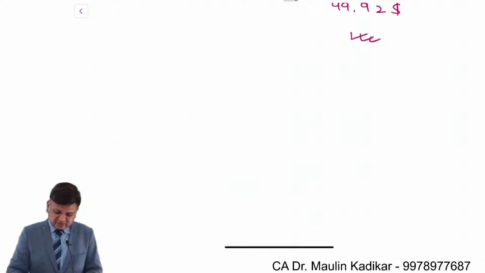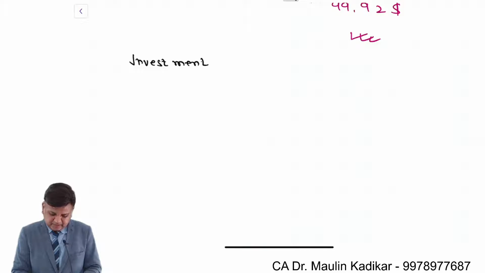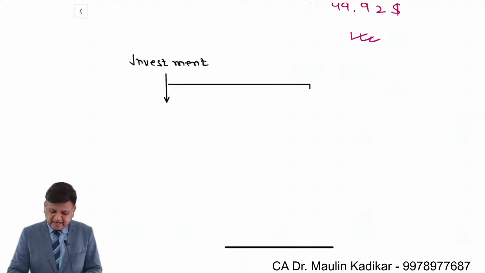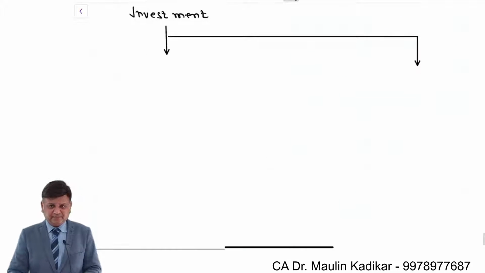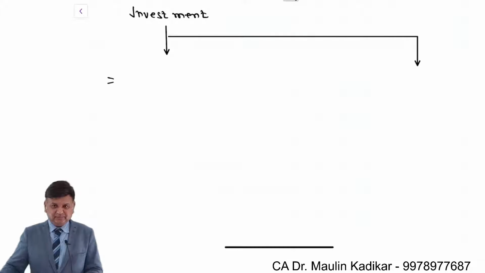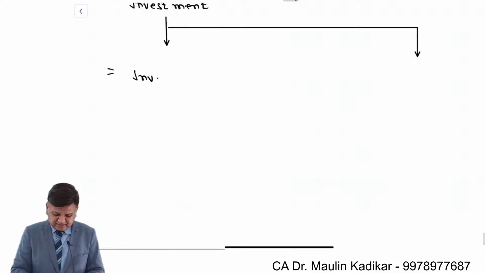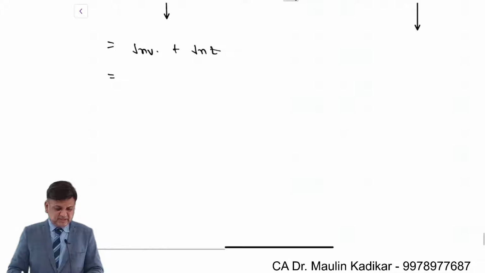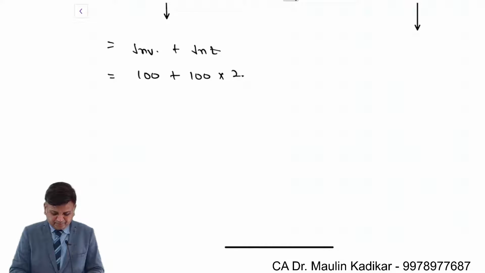Now the next is the investment. As far as the investment is concerned, again there are two options. Either you invest in the dollar currency itself. Let us assume you invest $100, then investment plus interest: 100 plus 100 into 2.5 percentage into 3 divided by 12.